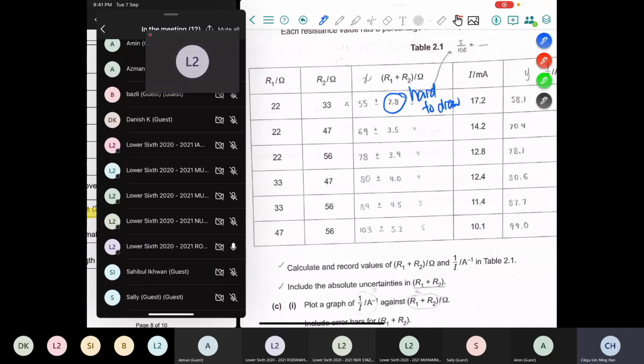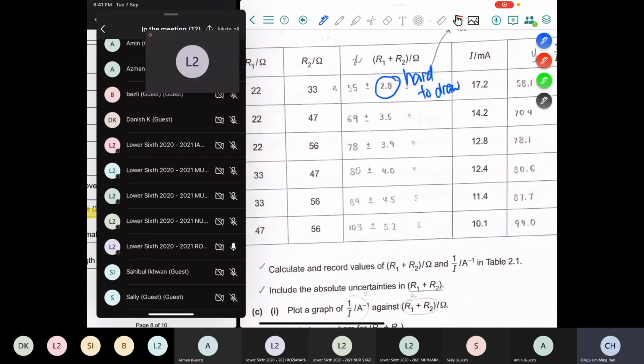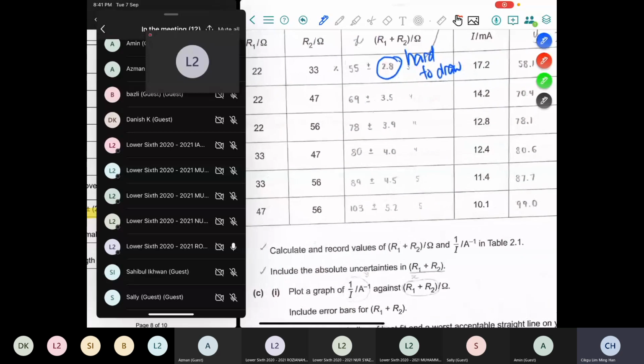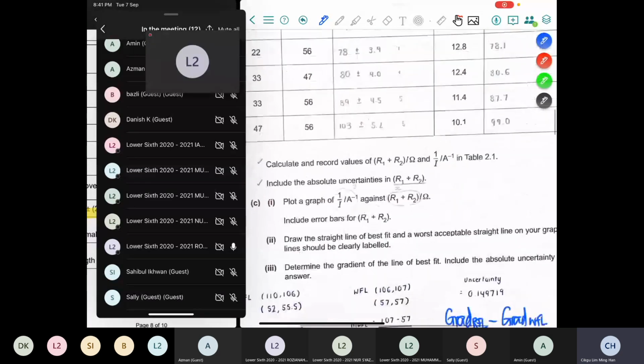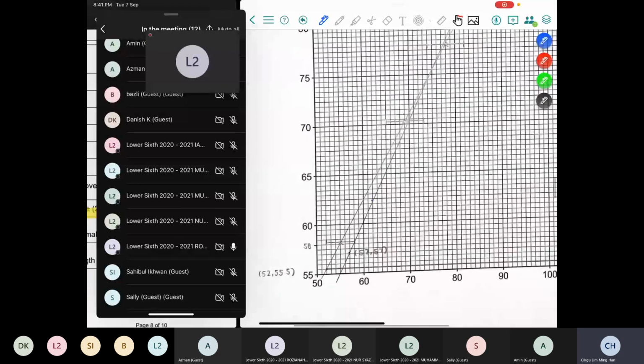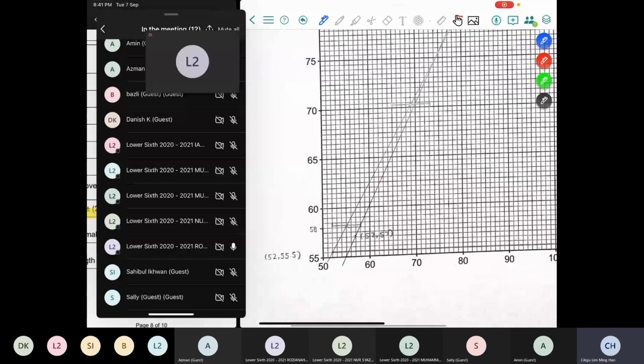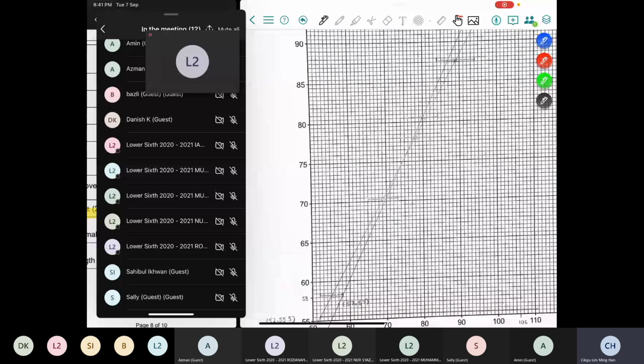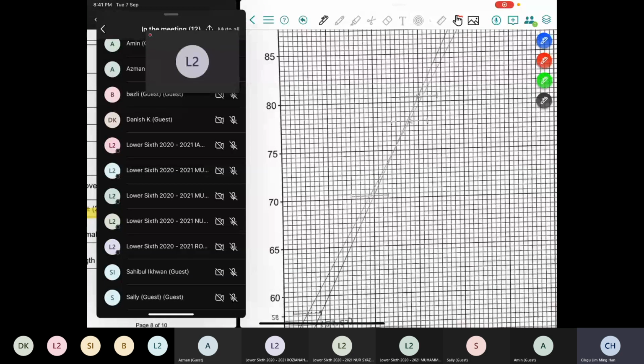Because 2.8 on the graph is difficult. 3.9, 4.5 is okay, but 2.8 is a bit difficult. Like Inshira's, she uses 1, 2, 3. She uses 30. And then this one, she uses 1, 2, 3, 4. Why 3, 4?